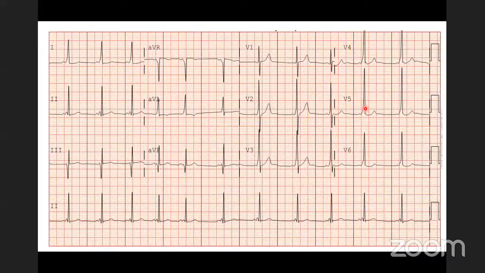So this is one of the ECGs. And the other important thing is to always try to do a 12 lead ECG because it gives you more understanding, more leads to comment on the rhythm. If you look at lead 2, it's difficult to appreciate the delta wave.